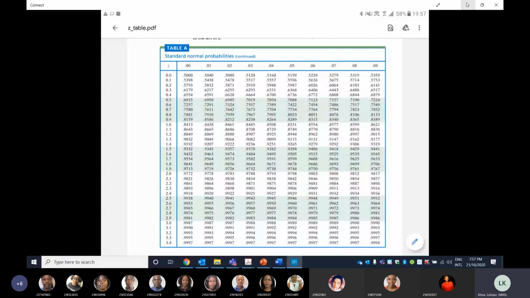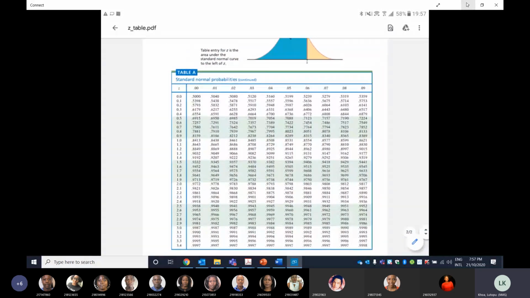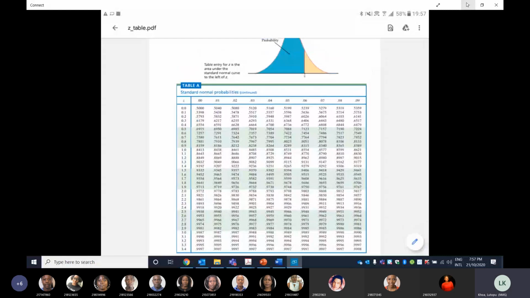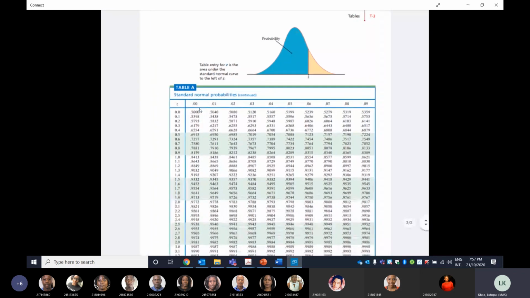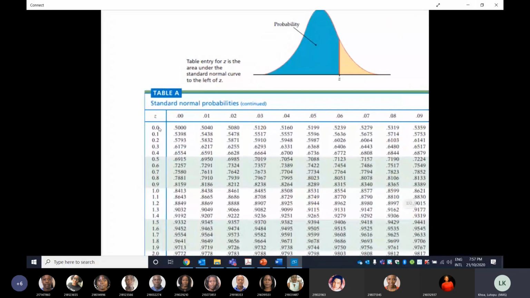If you look at this table, it's reading from 0 to the positive values, because here at 0 it says that the area from 0 going on is 0.5. And then as you go down, your area is decreasing. Okay.